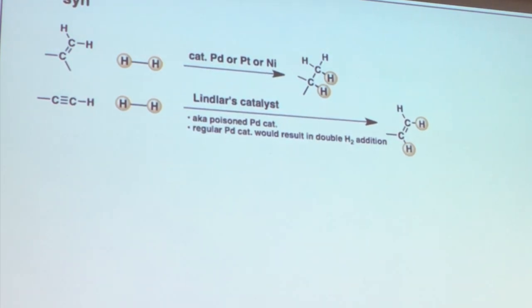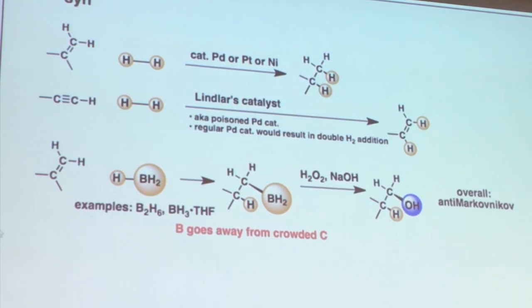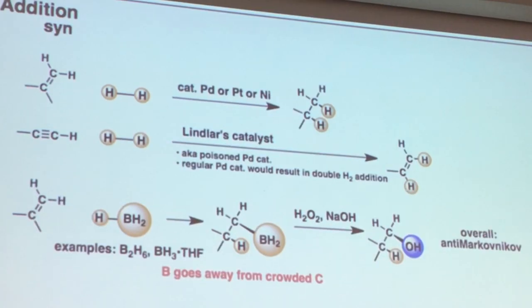Try to remember that adding BH3 is just the same deal. So BH3 is really a hydrogen, only that one of those brown atoms is replaced by BH2. And if you have a choice, and boron is big, will you go toward the carbon that's more substituted or toward the carbon that's less substituted?